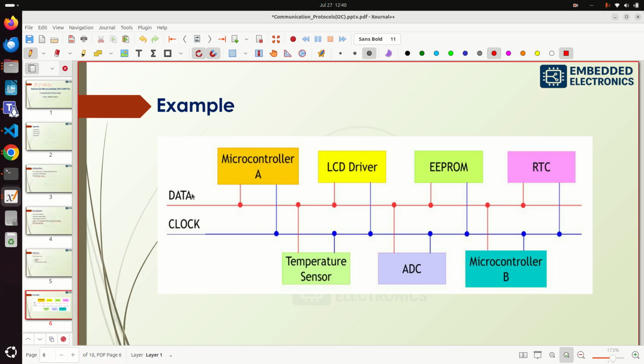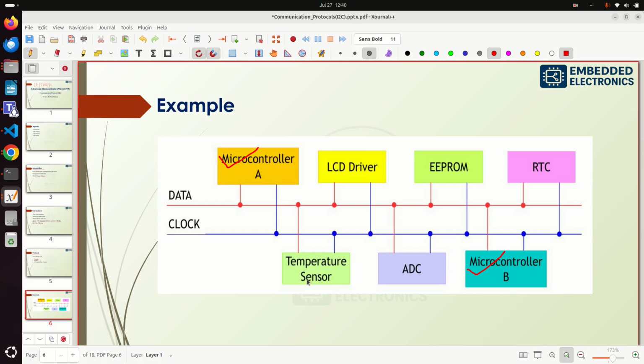So here we have so many devices, and out of these devices, microcontroller A and microcontroller B are master capable as well as slave capable. They can act as a master or they can act as a slave. But the other devices, meaning LCD driver, EEPROM, RTC, ADC, temperature sensor, are slave capable only.